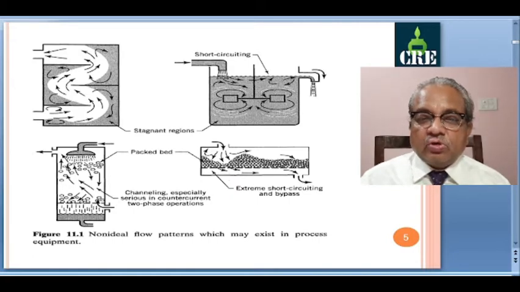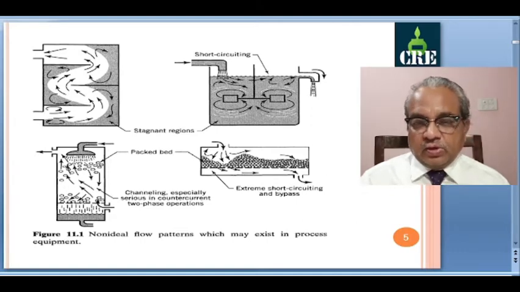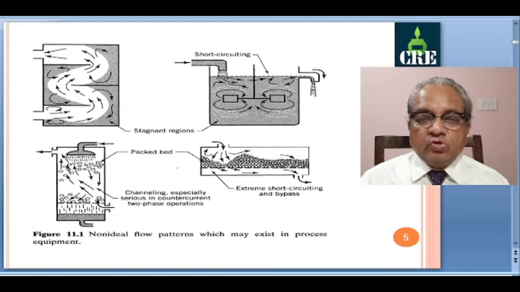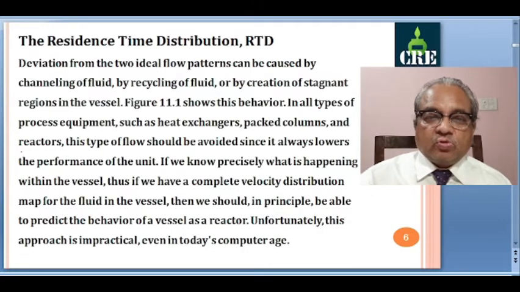So this channeling is extreme short circuiting or bypassing. In short circuiting, as soon as it enters it immediately finds some easy path and comes out of the reactor, or in a two-phase system it may bypass the other reactant. So both cases are possible.